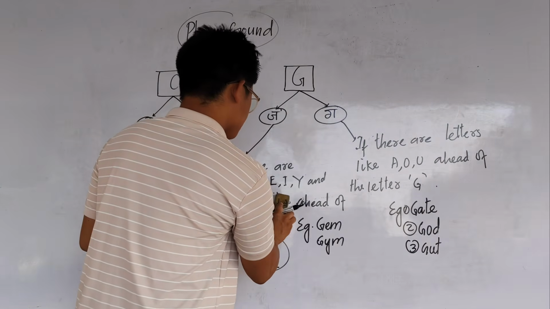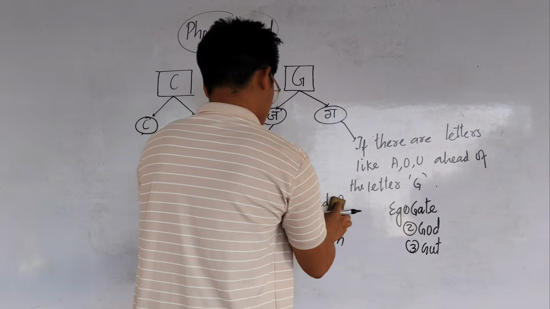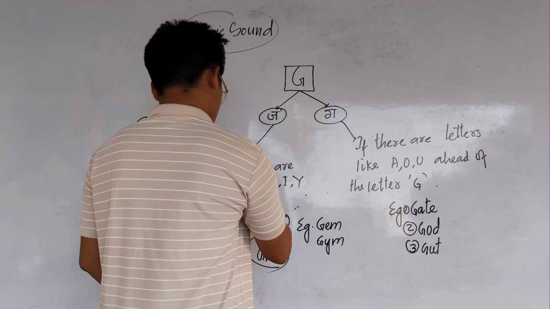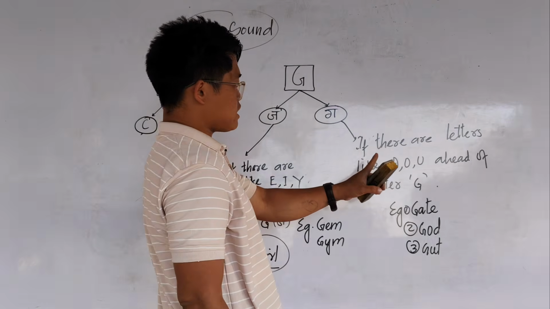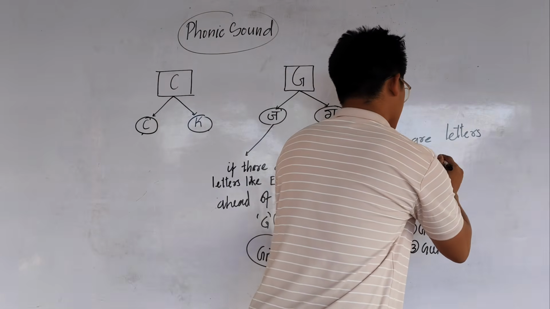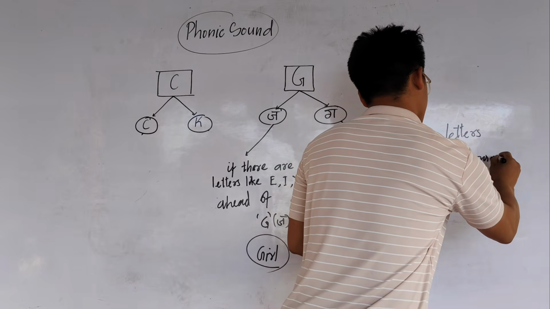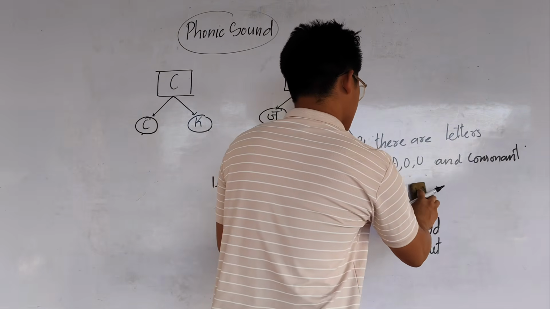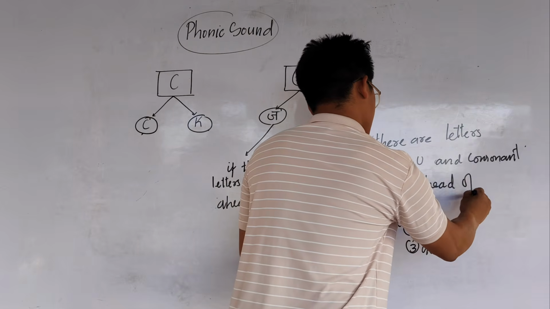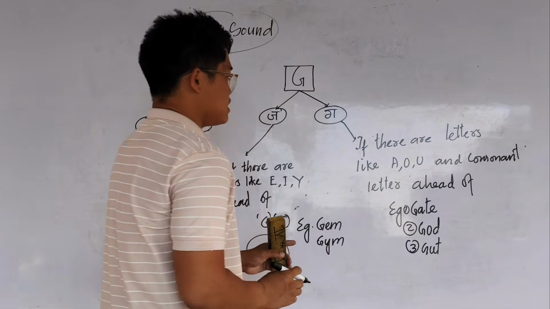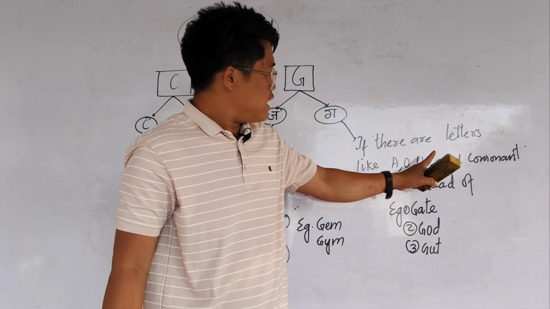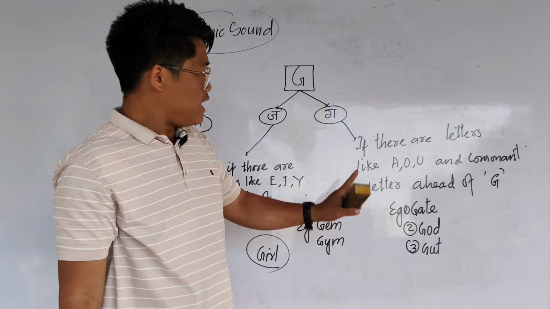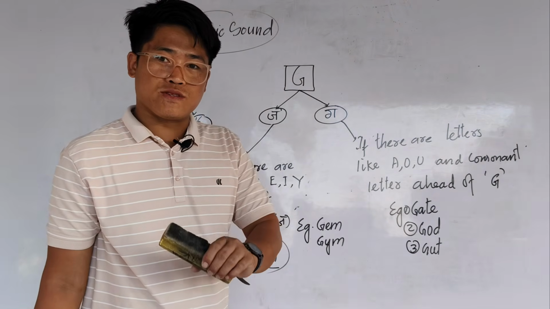A little clarification here: if there are letters like A, O or U and consonant letters after the letter G, we will pronounce this as G. So example, G-A-T-E is pronounced as gate.